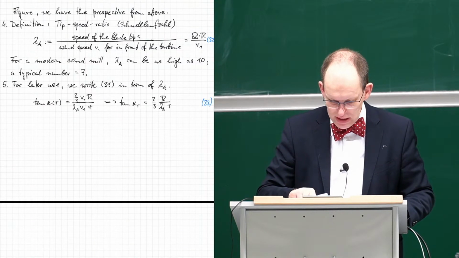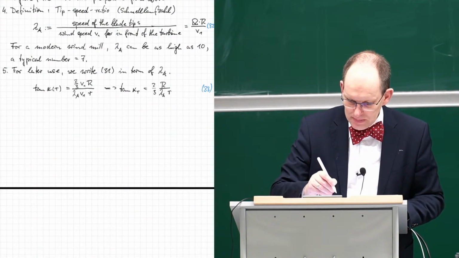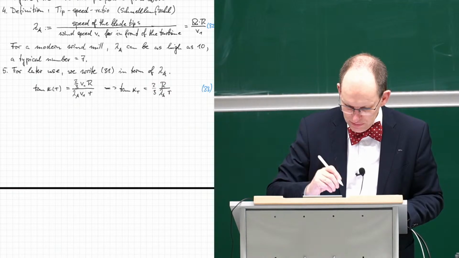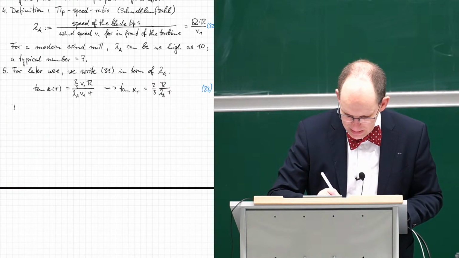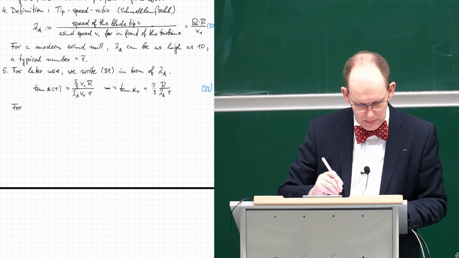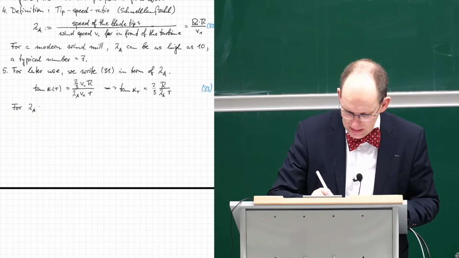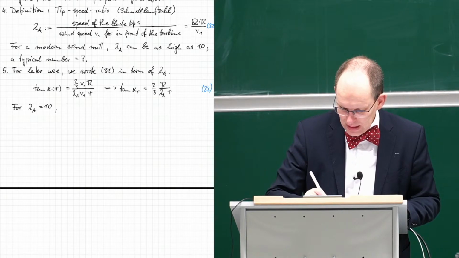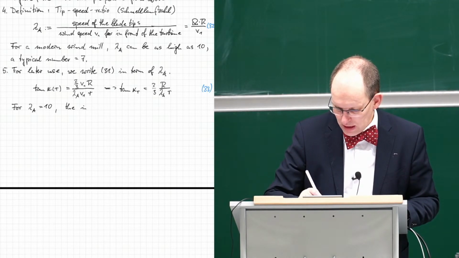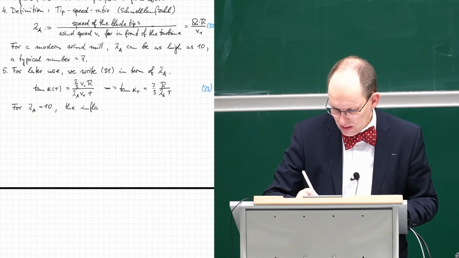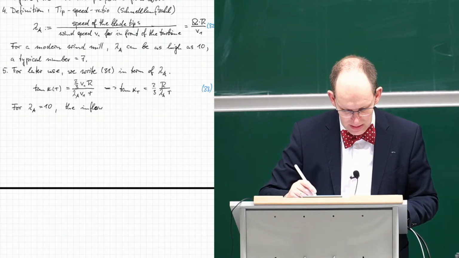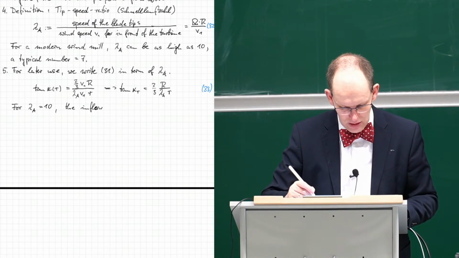Yeah, so just to mention a few numbers. We assume a tip speed ratio of 10. So for lambda A equals 10, we can now calculate the inflow direction alpha, and also how it varies.